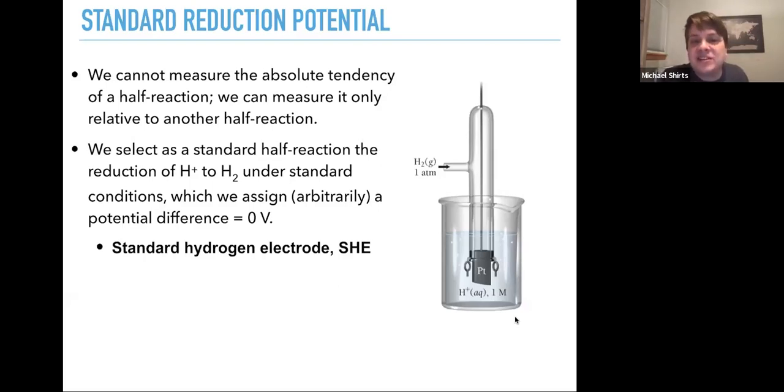So this is the standard hydrogen electrode, where you have H+ being reduced to H2 with 1 molar H+ and 1 atmosphere H2. The reaction is just that reduction reaction. Generally we tabulate reduction potentials rather than oxidations. Of course, you can flip it around and you get the exact opposite potential for the oxidation, but generally they're tabulated as reduction potentials. So this is the reduction reaction.